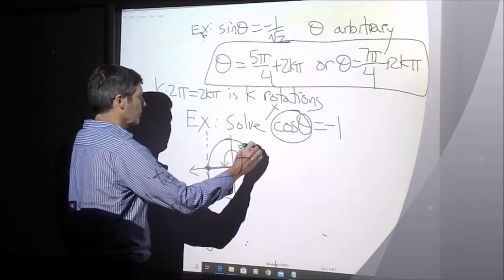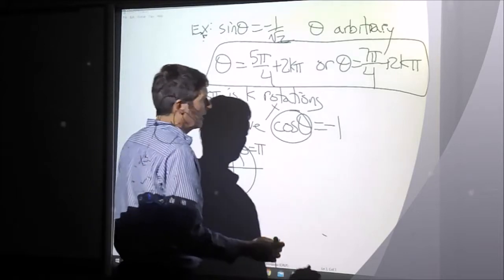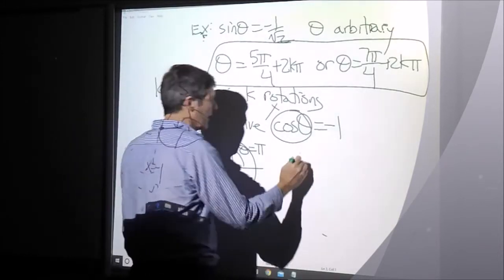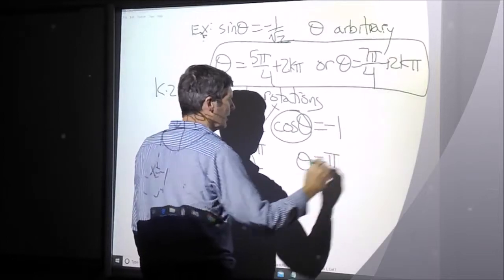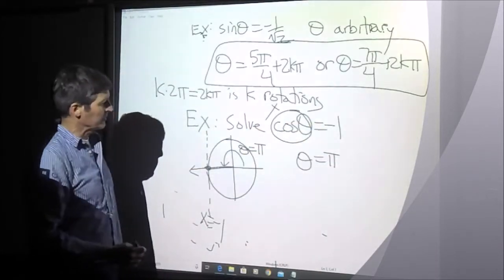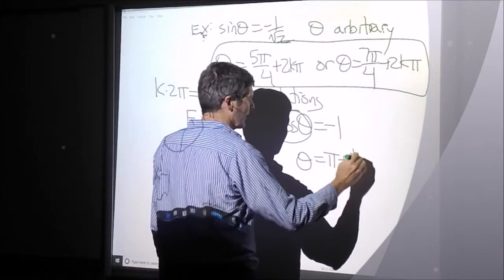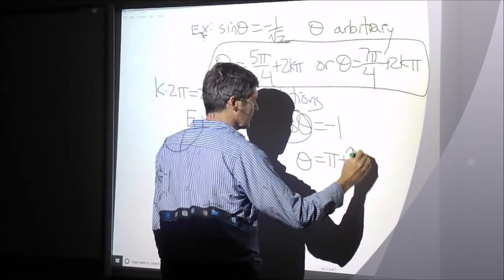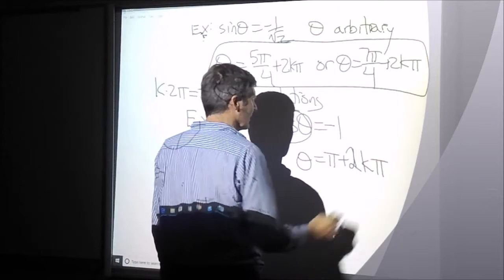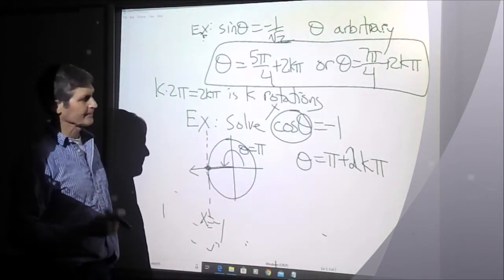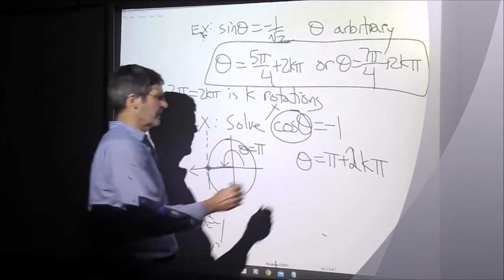That's theta equals pi. And if I want to solve for theta between 0 and 2 pi, there's only one solution, theta equals pi. But if I didn't restrict it to be between 0 and 2 pi, then I have to add any k whole rotations, so it's pi plus 2k pi. It's just any odd multiple of pi. So there's the answer to that one.